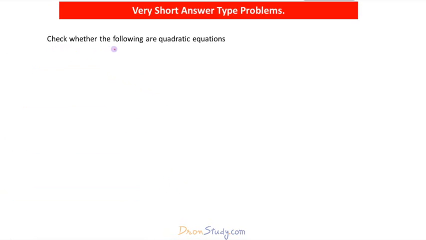First question: check whether the following are quadratic equations. The first equation is (x plus 1) whole square equals 2 times (x minus 3). Now first we will simplify this and write it in the standard form.